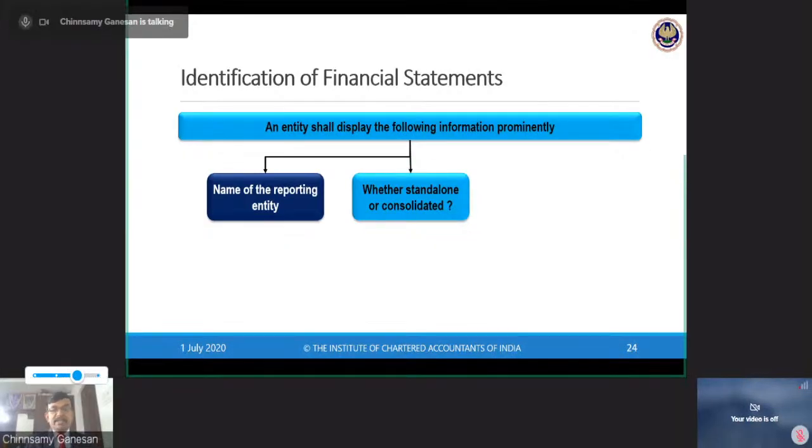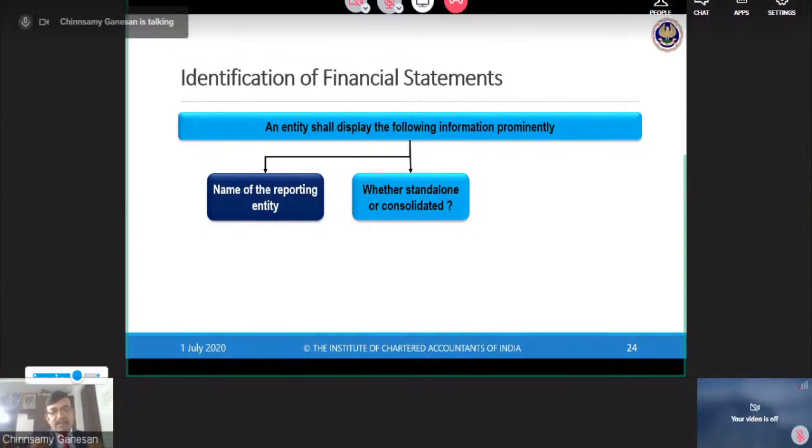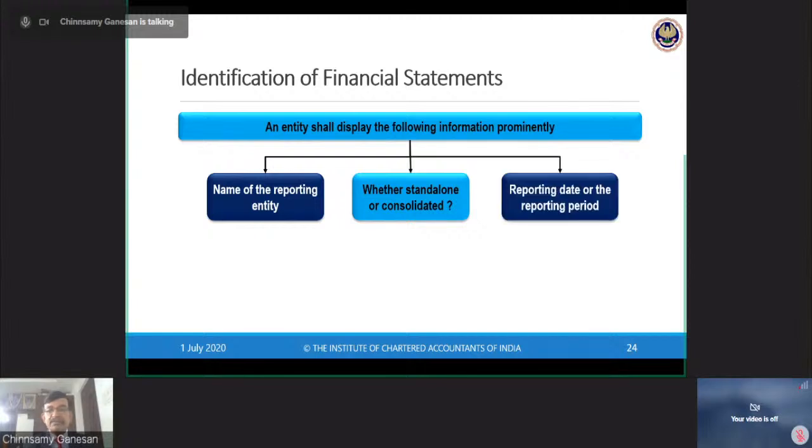In case you are going to talk about standalone, then say XYZ Limited standalone balance sheet as at. The only question which comes is, I do not have a subsidiary, an associate or a joint venture, and accordingly I do not prepare any consolidated. In that case, whether it has to be specifically stated as standalone, it is not required. Only if you are presenting both consolidated and standalone financial statements, the user should be able to identify whether it is standalone or consolidated. So the nature of that should also be explained further.